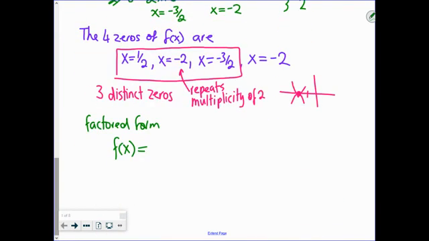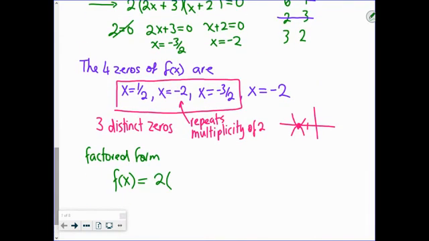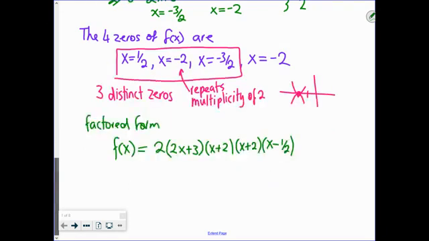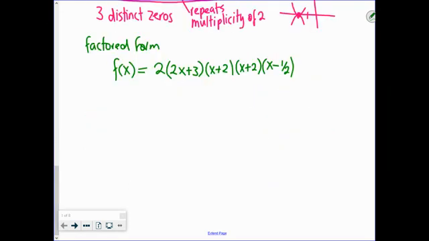So it's 2 times, oh, I can't even remember what those were, 2x plus 3, x plus 2, that was the quotient after dividing out x plus 2 and x minus a half. Okay, so that obviously needs to be cleaned up a bit and simplified. First of all, this part here is obviously x plus 2 squared, would be a better way of writing that.